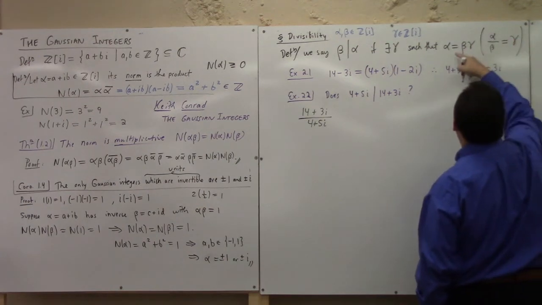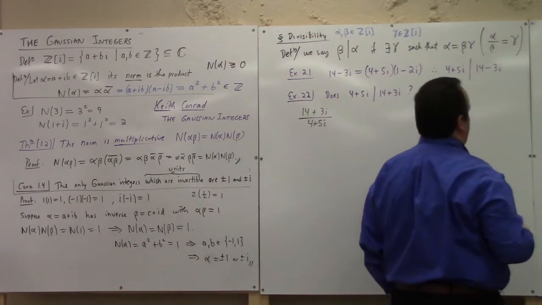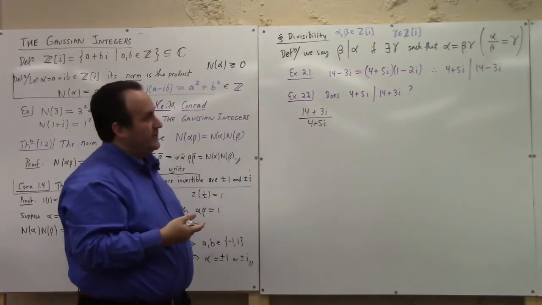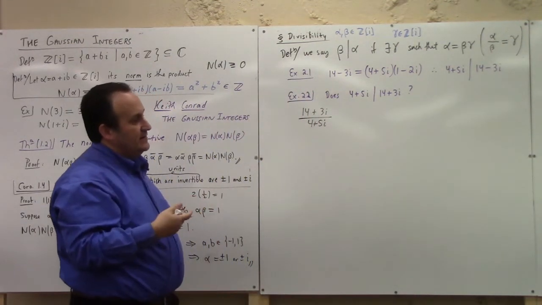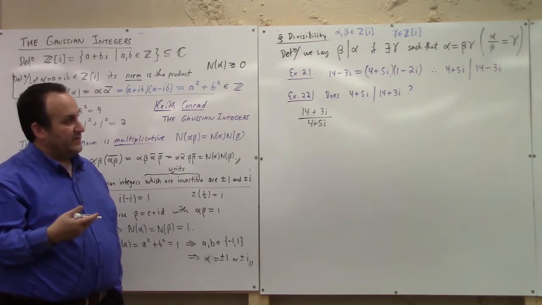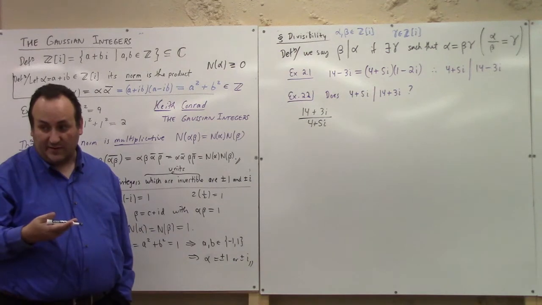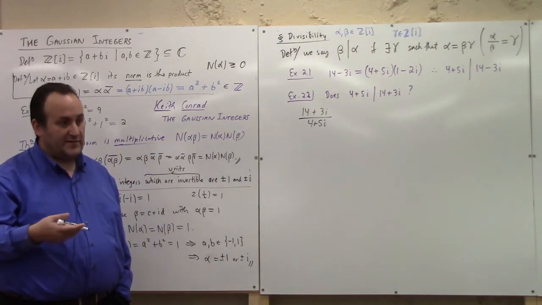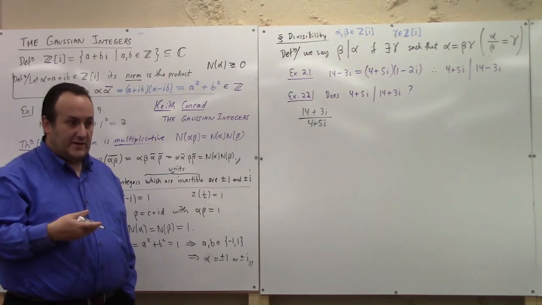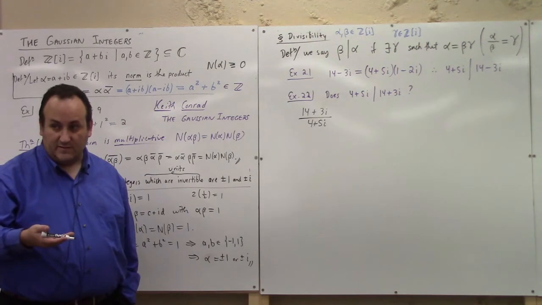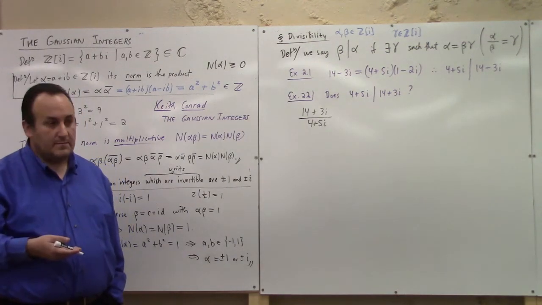This is equivalent, assuming beta is non-zero. So we can check divisibility by checking if the quotient alpha over beta is actually a Gaussian integer. If it is, we're good, because we can multiply back and get the original divisibility condition. If it isn't, game over.